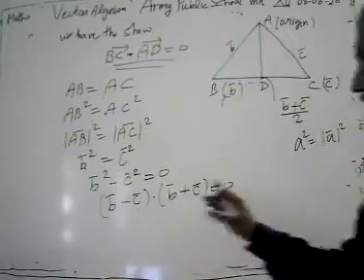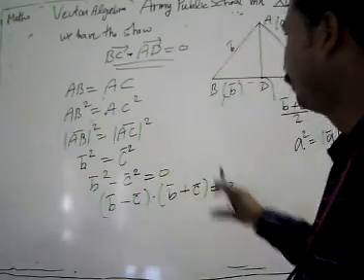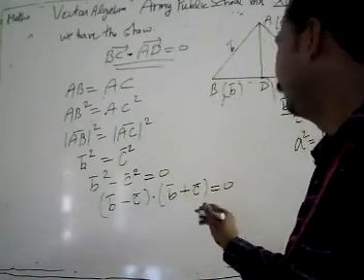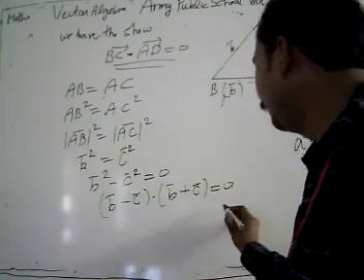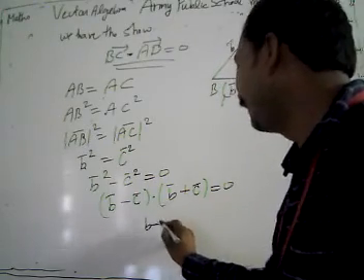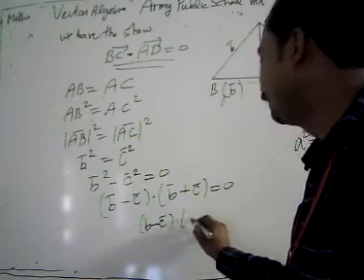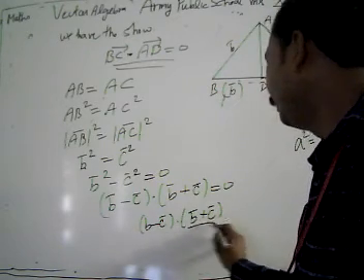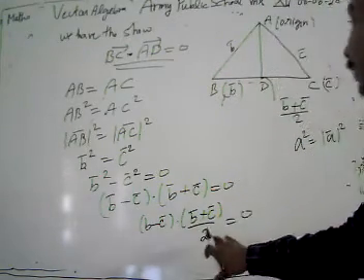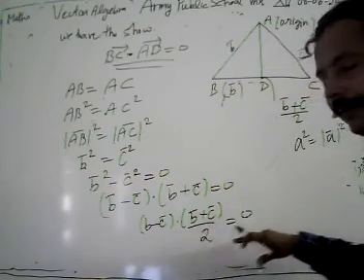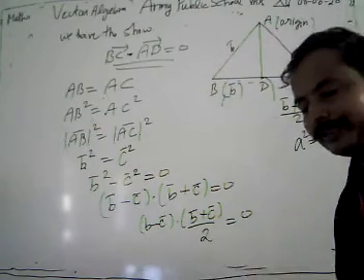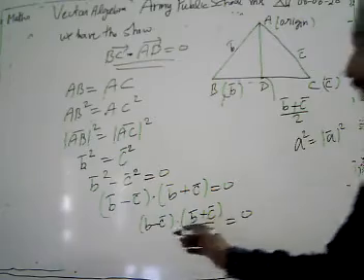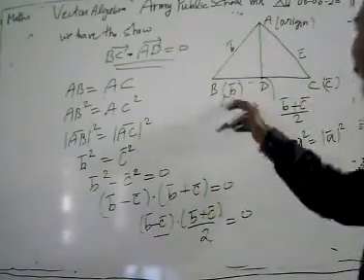Now look, to prove that BC dot AD is 0, we just divide by 2 in our next step. We can also write it as b minus c dot b plus c by 2, because we are dividing both sides by 2, so there is not going to be any change. Now look, what is our vector b minus c?